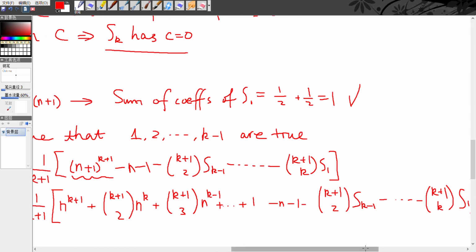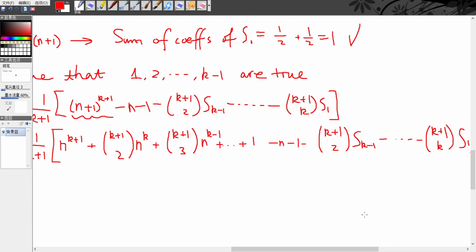Because we have assumed that all the cases from n equals 1, n equals 2, all the way to n equals k minus 1 are true, the coefficient sums of those terms are indeed 1.